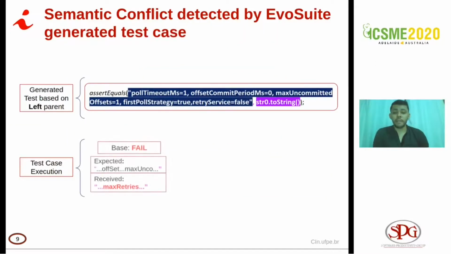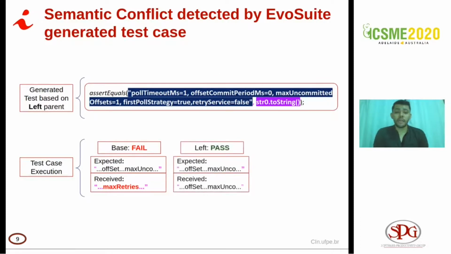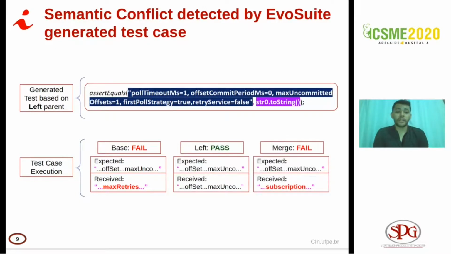Running this test case on the base yields a fail, as the received string still has a reference from axis trees. Running it on the left commit yields a pass, as expected, and running it again on the merge commit yields a fail, as the received string has a reference for subscription, which was not expected by left.